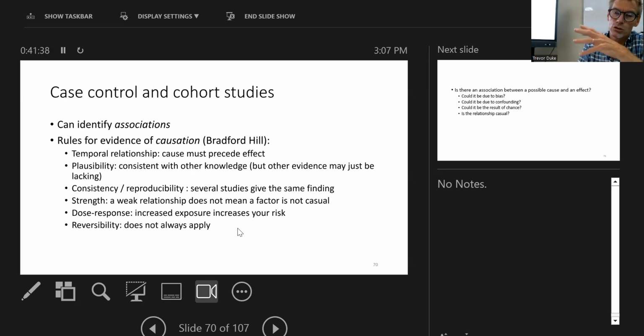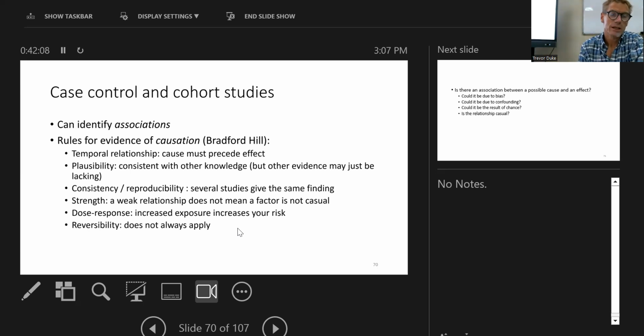There's strong biological plausibility that smoking causes cancer, isn't there? Because we know the effects of smoking and the chemicals in smoking. We know the carcinogenic effects of those chemicals. We know the effects on the lining, the mucosa of the bronchial tree, for example. So there's biological plausibility, whereas for some associations like intramuscular vitamin K and leukemia, it's hard to see the biological plausibility in that.